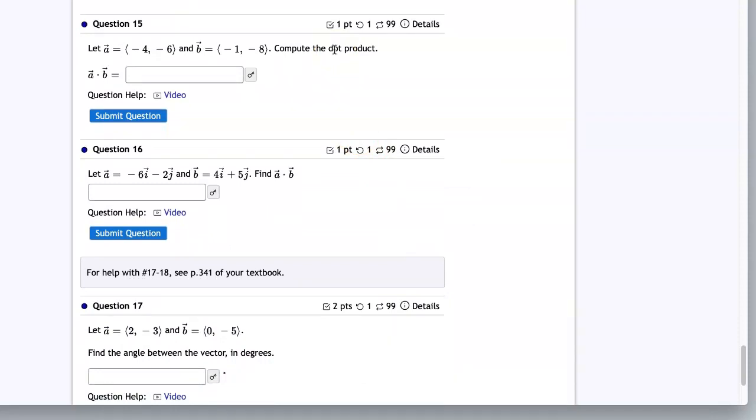The dot product has a definition on page 339, and it is that if you have these two vectors, u and v, and their forms are a, b, and c, d, then if you have u dot v, this is the dot product of u and v, then you simply multiply a and c, the x coordinates, and then you add to that product b times d.